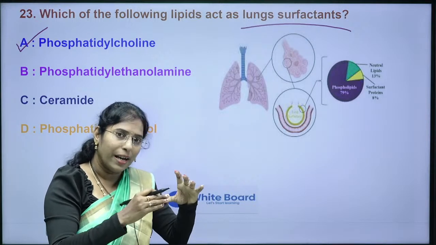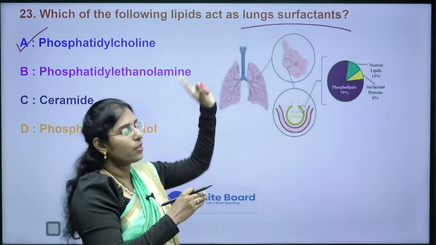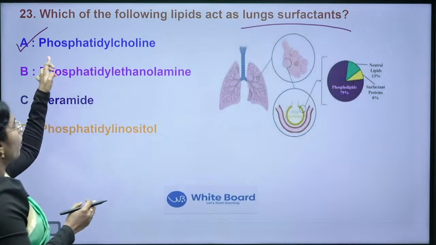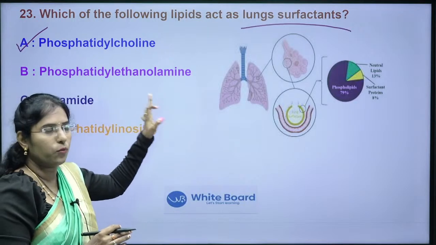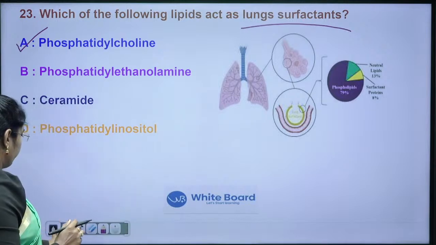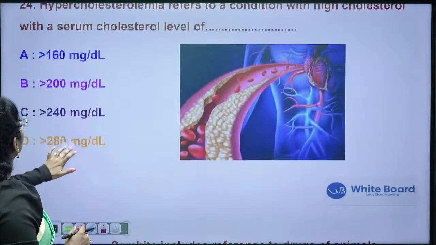In order to prevent the sticking and collapsing of the alveoli, lung surfactants coat them. So phosphatidylcholine is one of the lipids which acts as a lung surfactant. Coming to the next question, question 24.